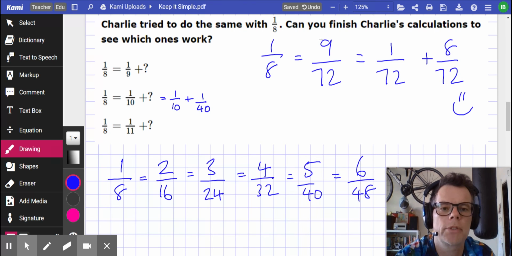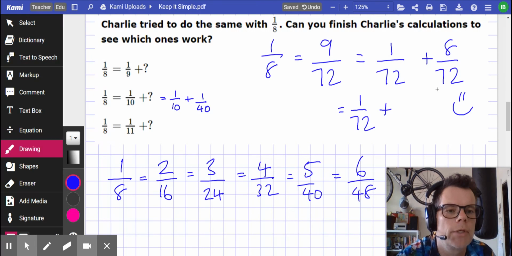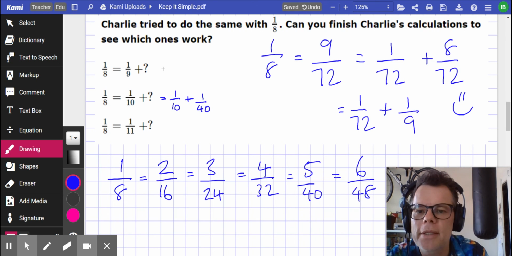That's right, isn't it? 1 times 9 is 9. 8 times 9 is 72. That is 1 over 72 plus 8 over 72, and that 8 over 72 is, what is it? It's a ninth, isn't it? Brilliant. 1 over 72 plus 1 over 9. It's that one there. Oh, wow. I got it.